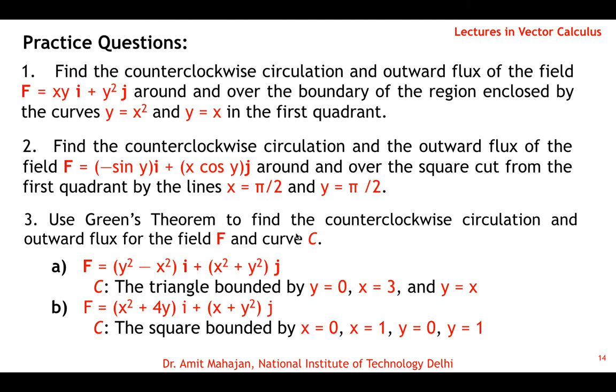Use Green's theorem to find the counterclockwise circulation and flux of the field over curve C, where the field is given and the region is the triangle bounded by these three lines. The field is given this, and the region is a square bounded by these four lines.